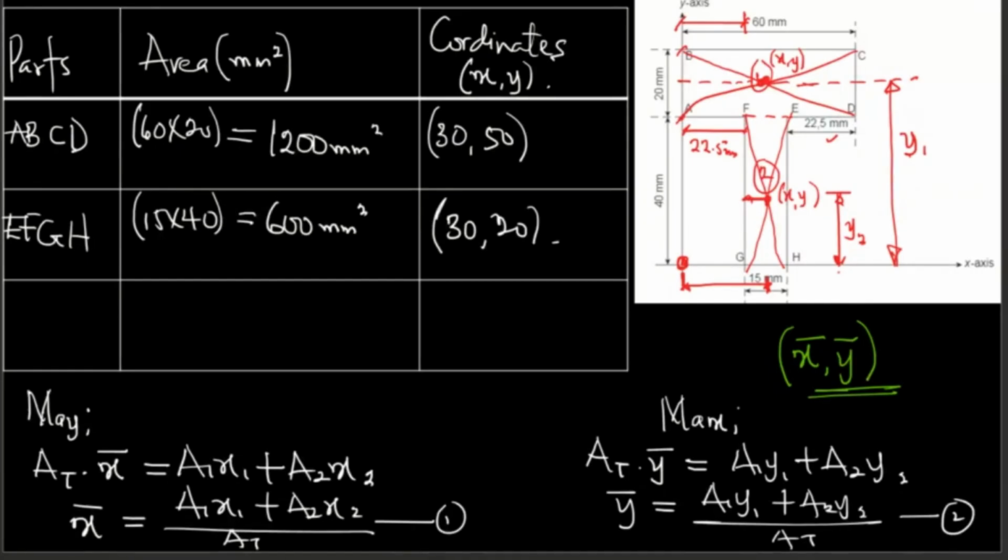Don't forget these coordinates. This is your x1, y1. This is your x2, y2. So what you need to do now is to substitute. The rest is easy. You have your A1, x1, A2, x2. You can calculate the total area, which is 1,800 millimeters squared.